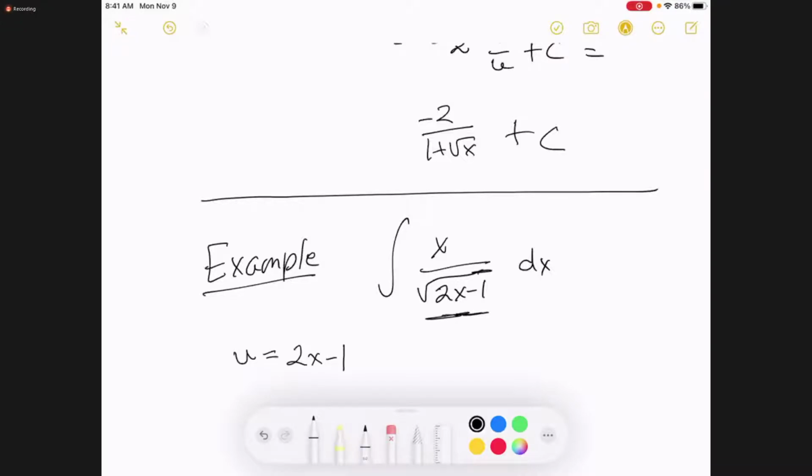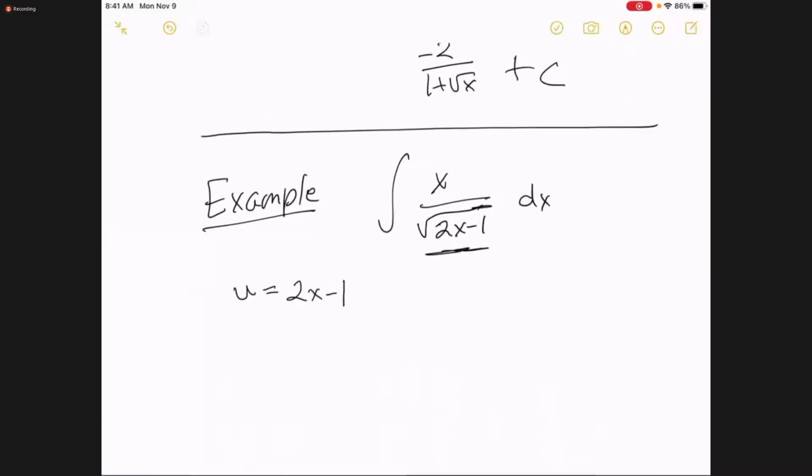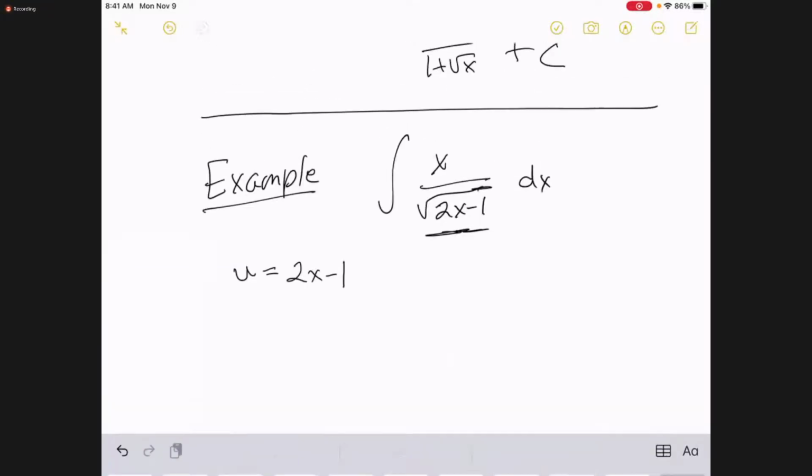You're not always going to make the right choice. I don't always make the right choice, even though I've been doing this forever. But if you don't make the right one to start with, try something else. Okay, so I'm going to try this.